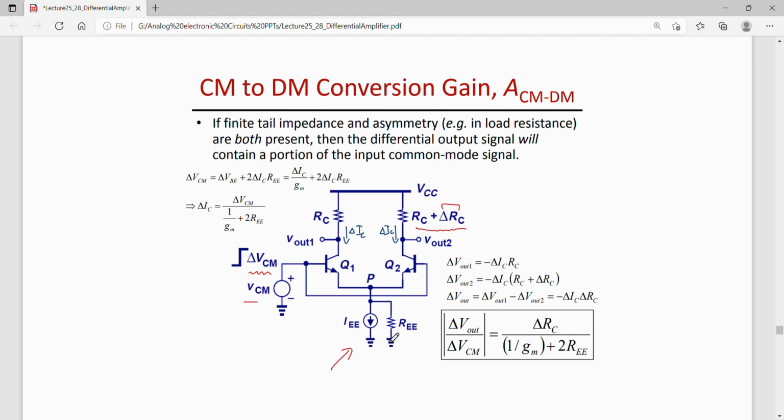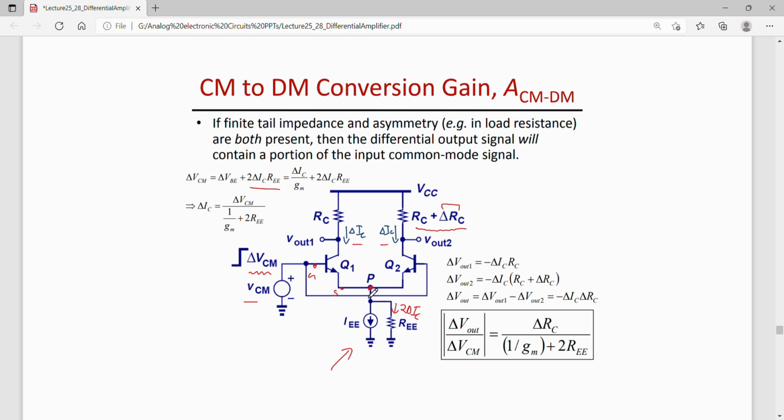And for finding out the effect, I assume that the input signal changes by delta VCM, okay, which causes a change in the collector currents of Q1 and Q2 by delta IC amount. Okay. So VGS can be written as VCM minus VP. VP is 2 delta IC REE, right? So delta IC plus delta IC flowing in REE, the tail impedance.